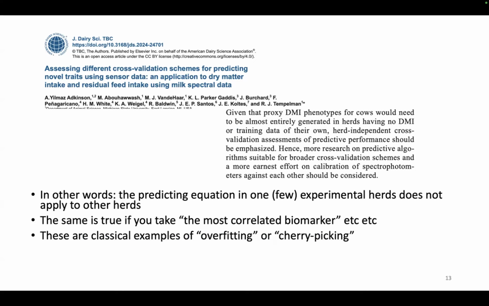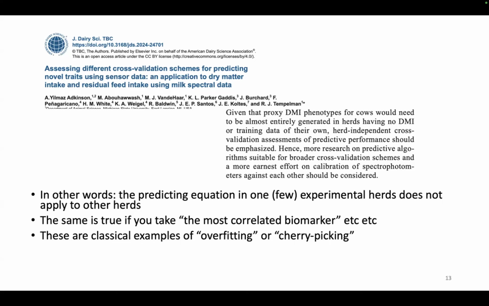So for most traits, it's almost impossible to develop a prediction equation that works across all possible farms unless you have data sets from all possible farms. That is probably only possible for very simple components like just fat or protein or lactose, but not other things.